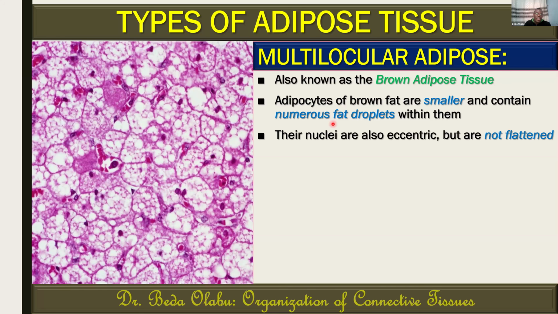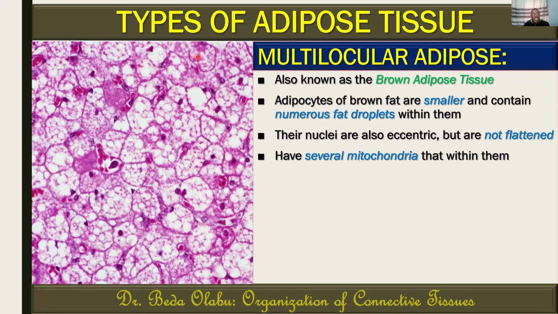The nuclei of these cells are also eccentric, just like the ones for unilocular adipocytes, but these nuclei are not usually flattened. They'll appear rounded or ovoid, as we can see even in these images. Yes, they could be eccentric, but the nuclei are not flattened. So we can appreciate them here. They appear rounded or ovoid.